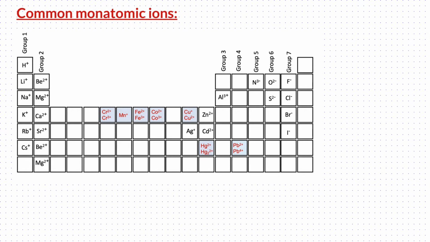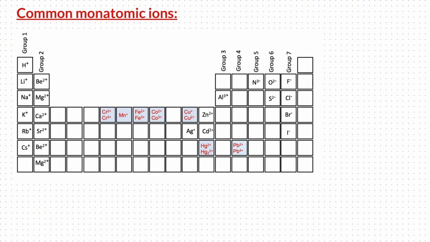As we discussed earlier, the group 1 elements form a cation with 1+ charge. The group 2 elements form a cation with 2+ charge. And group 3 elements form 3+ charged cations. Similarly, group 7 elements form an anion with a 1- charge, group 6 elements with 2- charge, and group 5 elements form an anion with 3- charge.